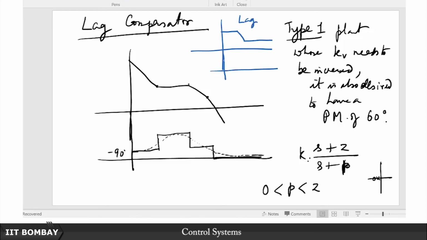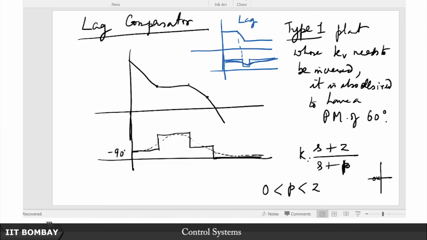Of course, it starts from 0, and then at this corner frequency it will go down to minus 90, and it goes a little way off down until it encounters the zero, and then it is raised back. If I approximate this by a smoother curve, this is how a lag compensator looks; we have drawn this earlier when we were considering the non-minimum phase system.